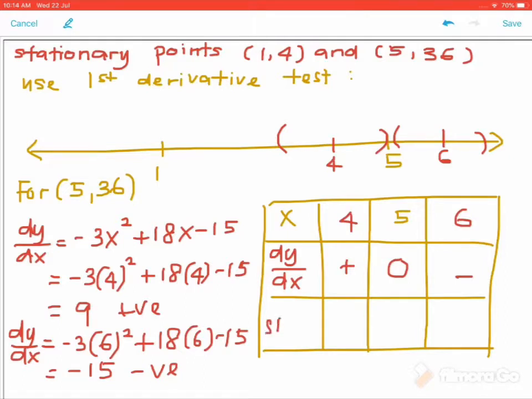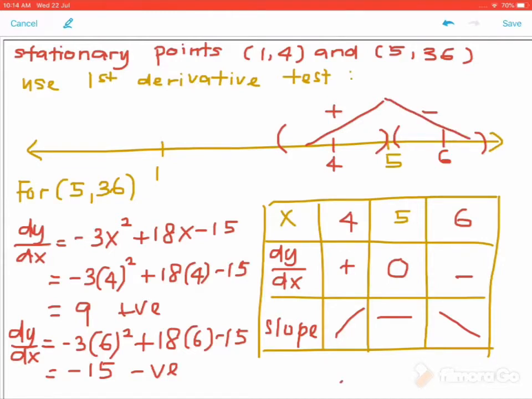So we can look at the slope. Positive means the gradient is increasing, 0 means horizontal, and negative means decreasing. Same as in the number line, positive is increase and negative is decrease.